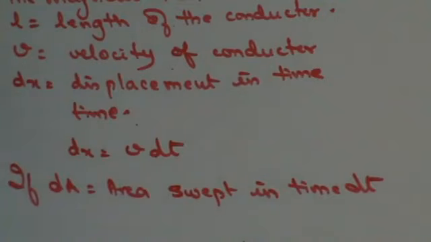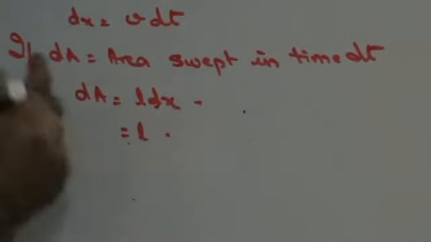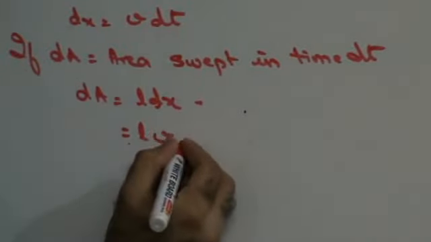If dA is the area moved, then I can say area is nothing but length into breadth. That means area is L into dx. Dx we had already said is nothing but v into dt.